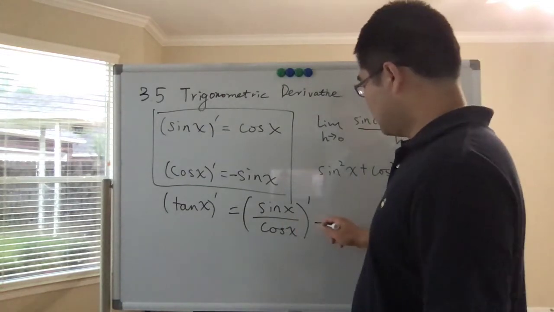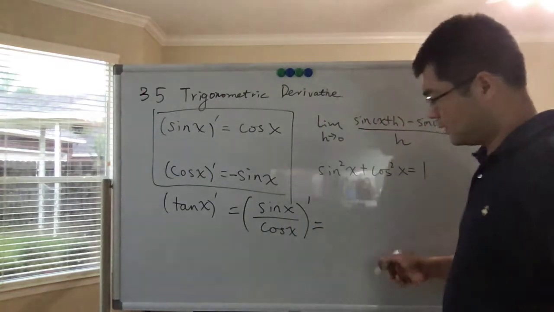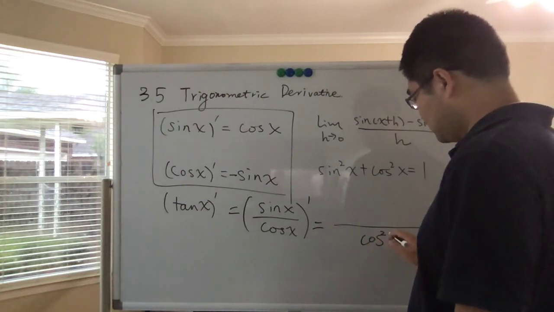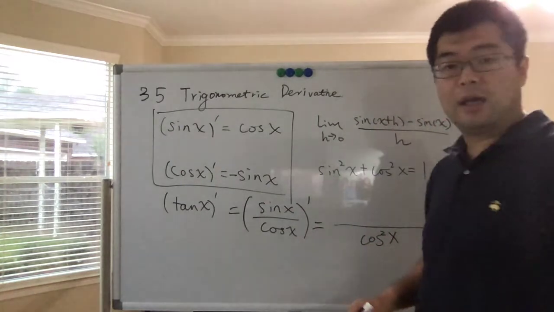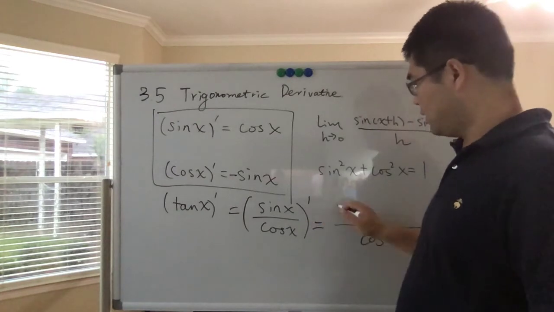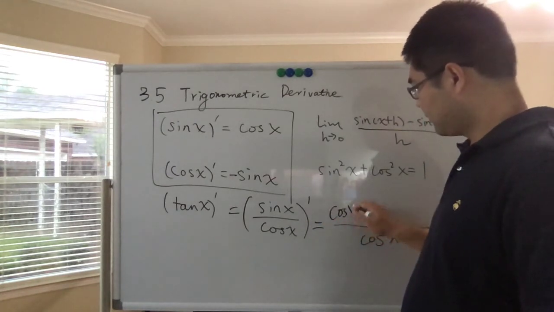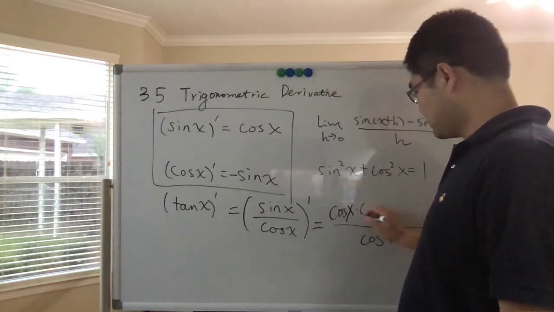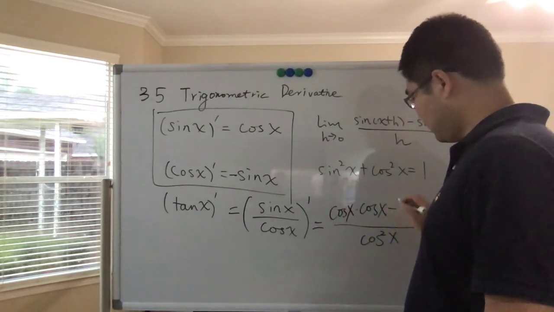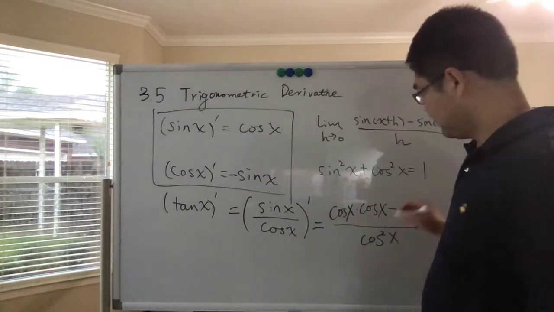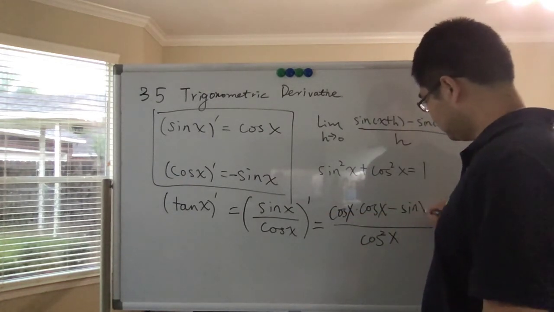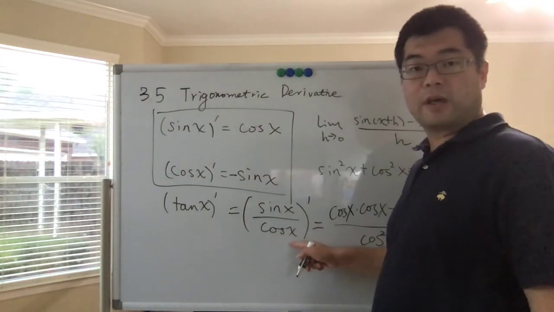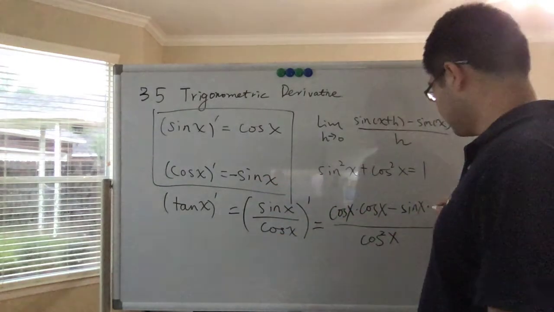Using the quotient rule, as you remember, the bottom is cosine squared of x, and on the top it's low times d high, the derivative of sine x equals cosine of x, minus high times d low, the derivative of cosine x equals negative sine of x.